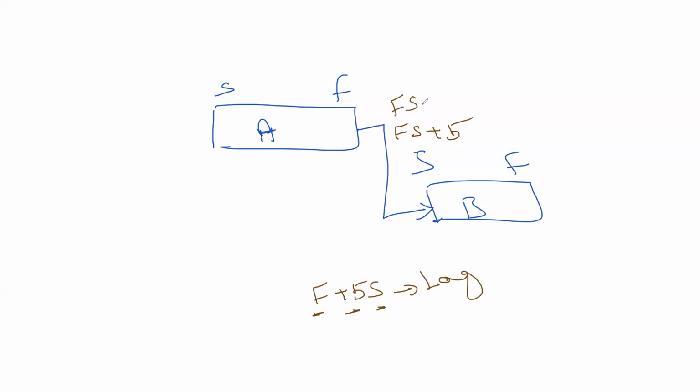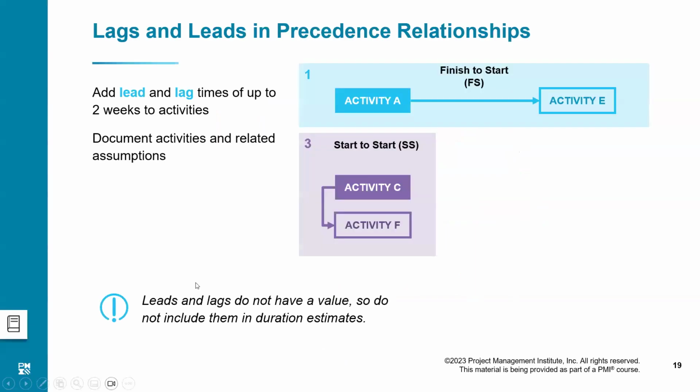Sometimes they will say FS minus 5, same way FS minus 5. Finish the first activity, but 5 days before that, you can start the next activity. So that is a lead. So a negative value with the relationship is a lead. A positive value with the relationship is a lag. That's what you have to know for the examination regarding lead and lag.